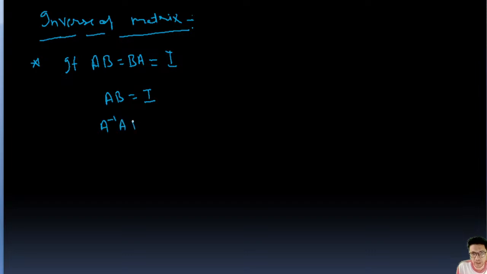So A inverse AB equals A inverse I. Now A inverse A is I, so this is I times B, and on the right is A inverse. If you multiply any matrix with the identity matrix, it remains the same matrix.